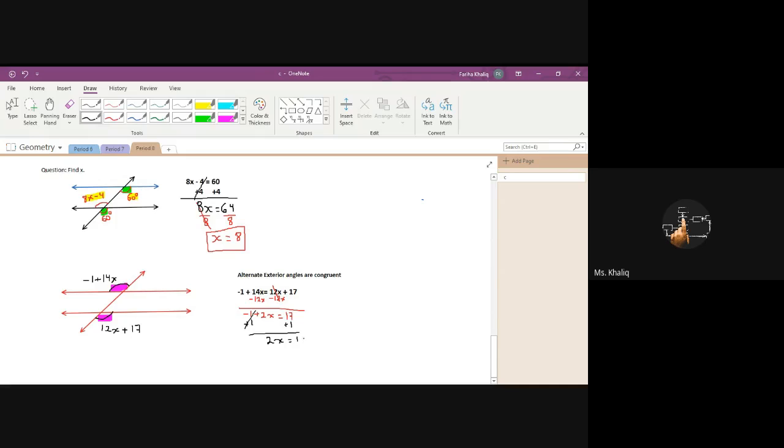We're going to divide both sides by 2. Divided by 2. Divided by 2. So x then becomes 18 divided by 2, which is 9. So my x value is 9.